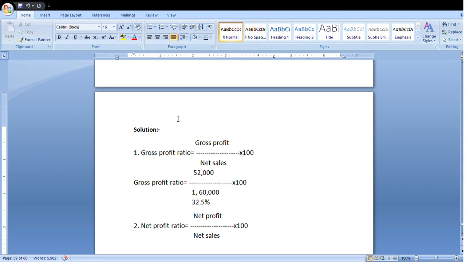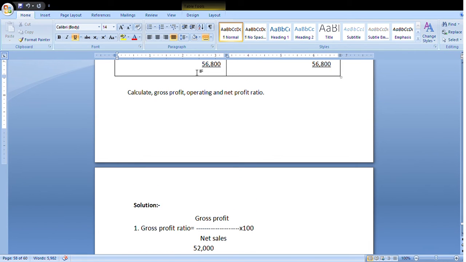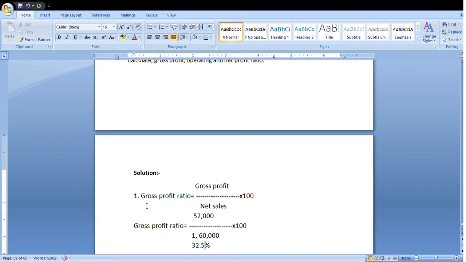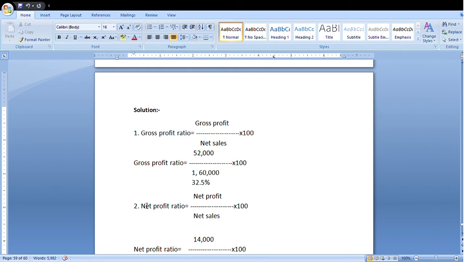Next point. Next, net profit ratio. Net profit ratio is equal to net profit by net sales into 100.